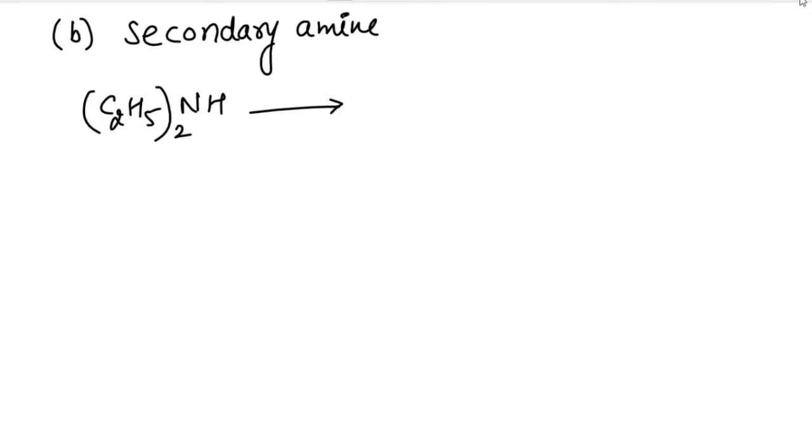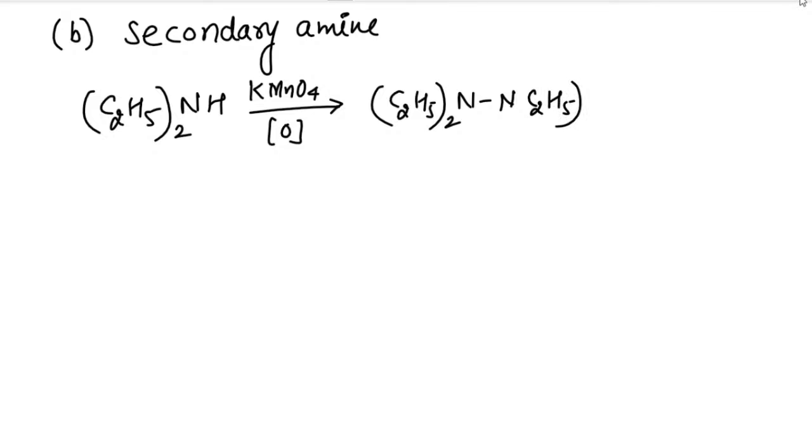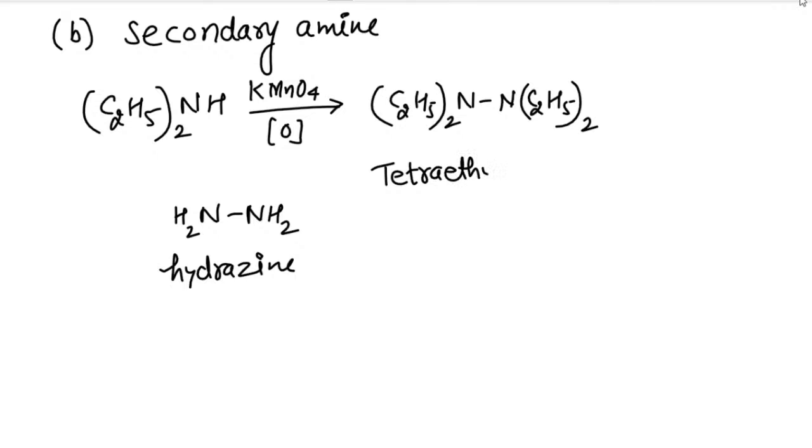When it is oxidized with KMnO4, there is a formation of a product like this. NH2, what is the name of this compound? This is hydrazine. So this one is tetraethyl hydrazine. This is tetraethyl hydrazine, okay.